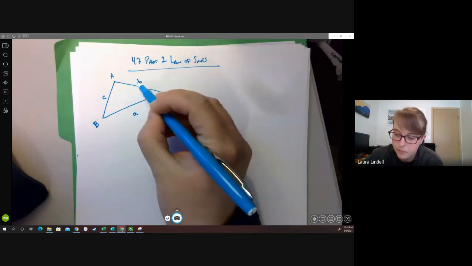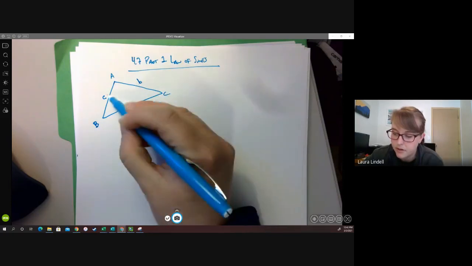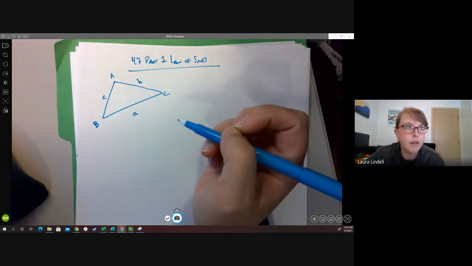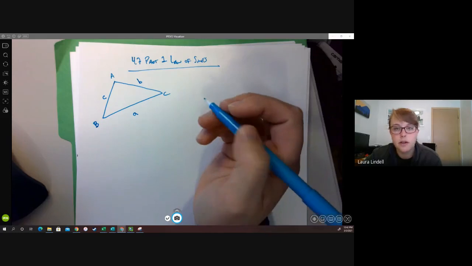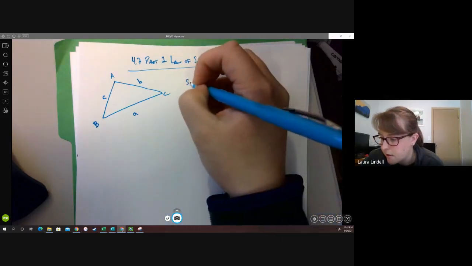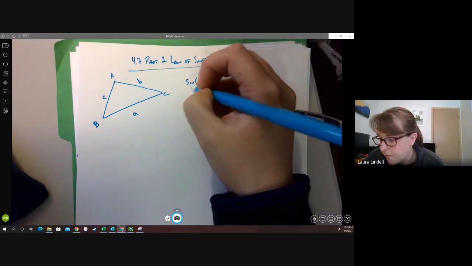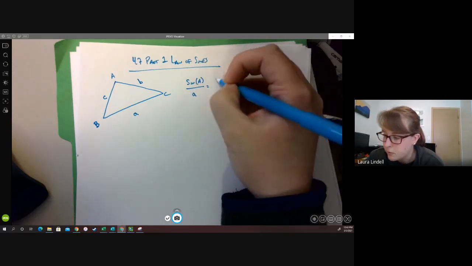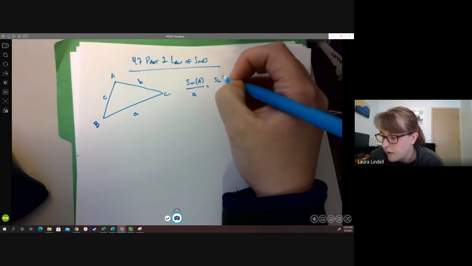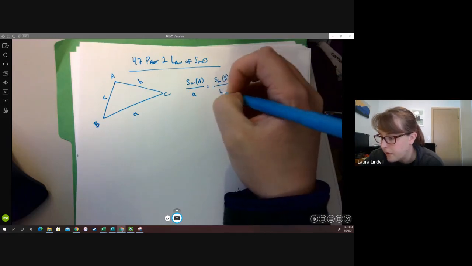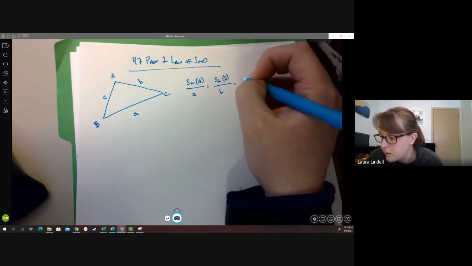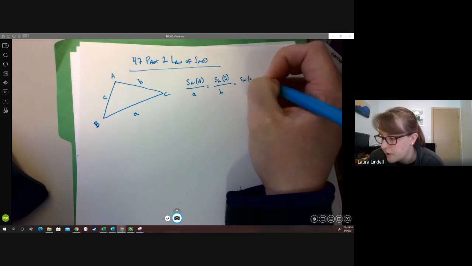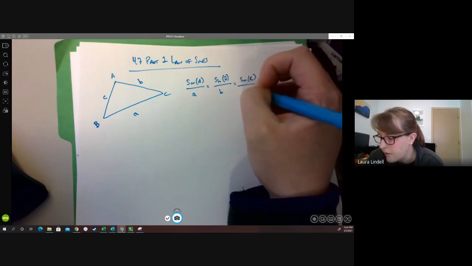Angle B is across from lowercase b. Angle C is across from the side lowercase c. So the law of sines says that the sine of angle A divided by the side length A is equal to the sine of angle B divided by the side length B, which is equal to the sine of angle C divided by the side length C.